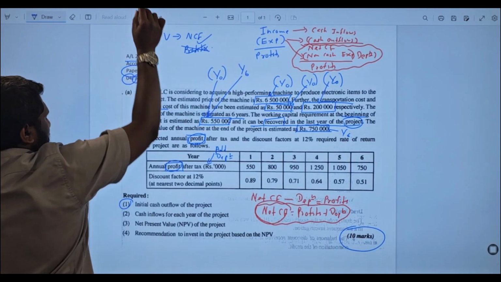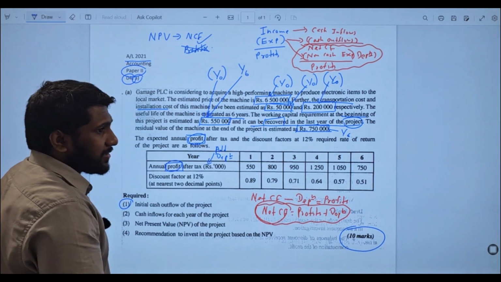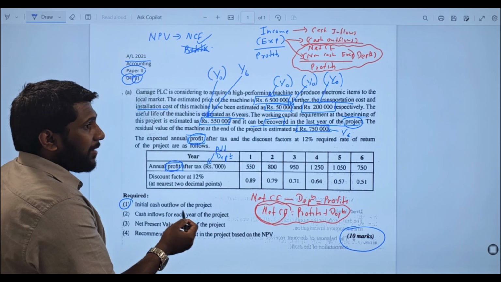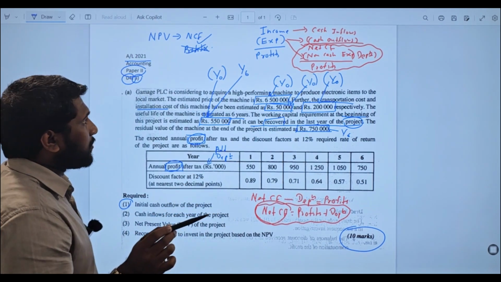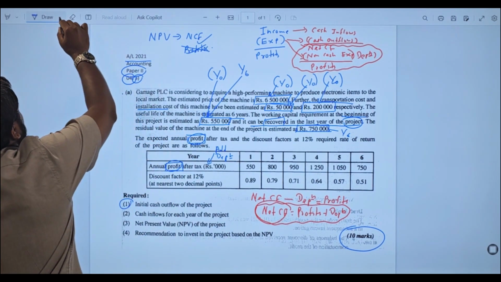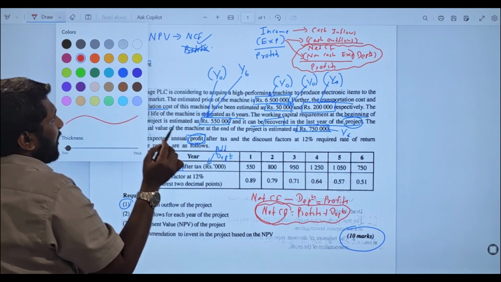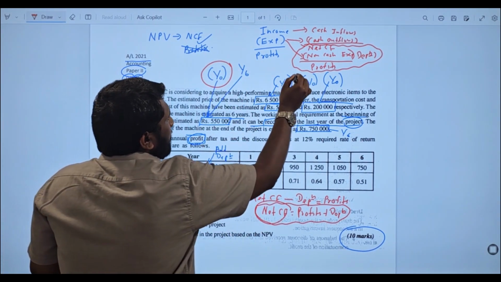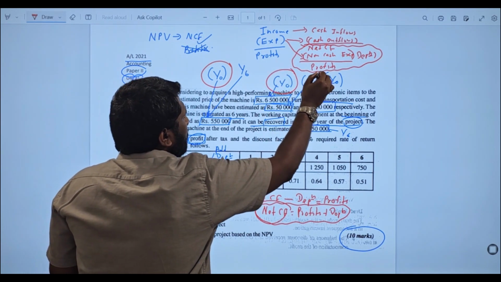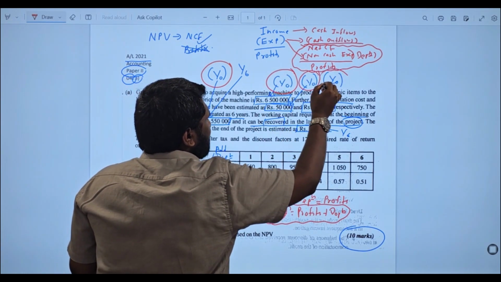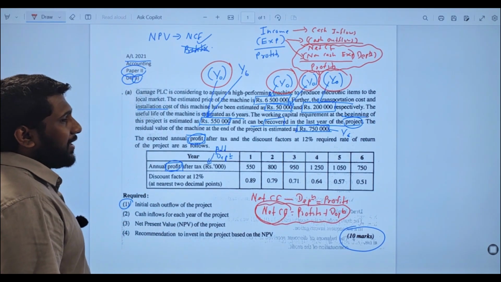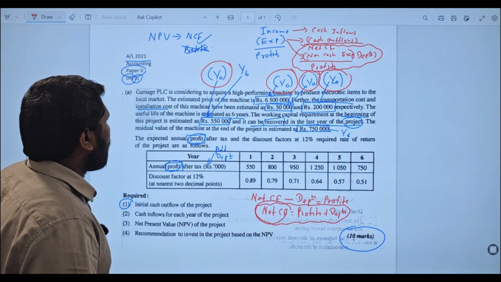Here we have to calculate the initial outflows, that means the outflows which are going to happen immediately. Let me note them down, highlighting with a different color. These are year 0 outflows, which are the initial outflows.